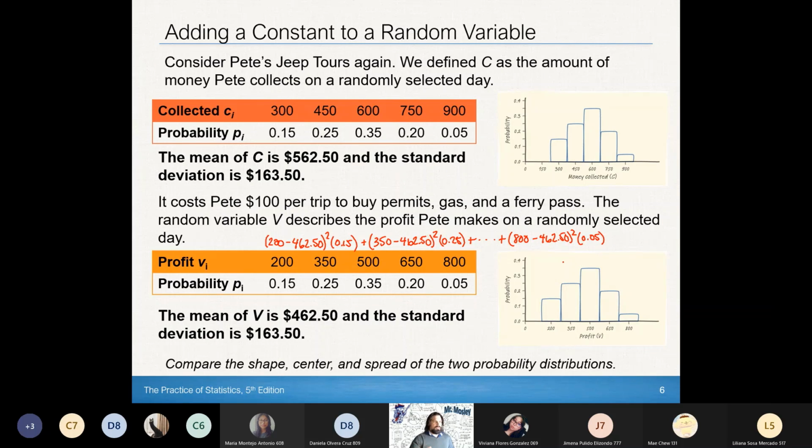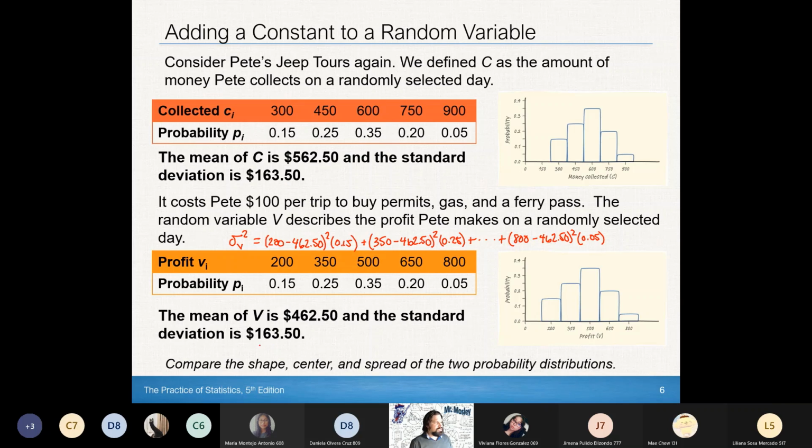And this would be the calculation to find the variance. This gives us the variance. We take the square root of this, we get our standard deviation.